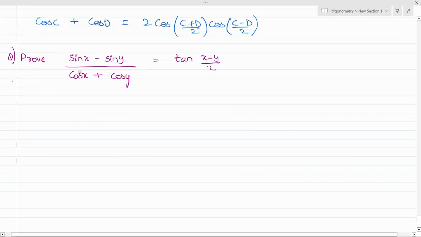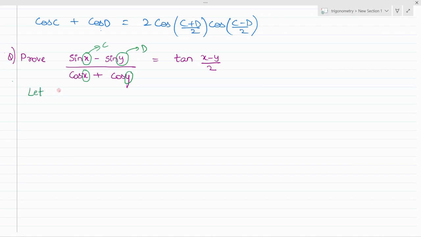Here we need to prove LHS is equal to RHS. If you observe sin C, here x will be C, sin D, y will be D. Similarly, in the denominator it is cos C plus cos D. So the first assumption is let C be x and D be y.